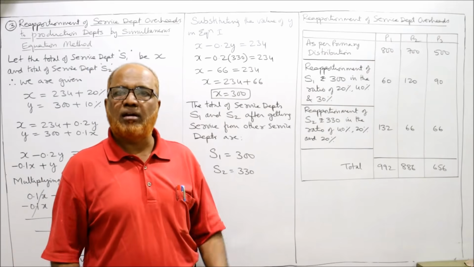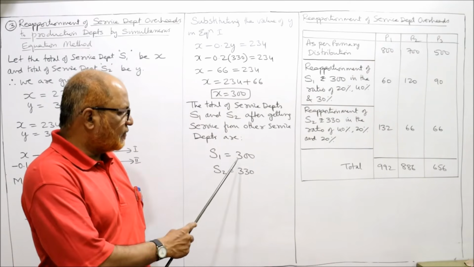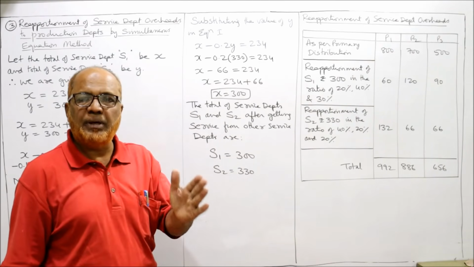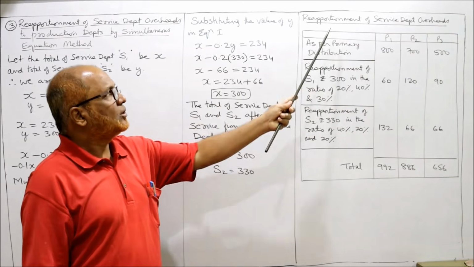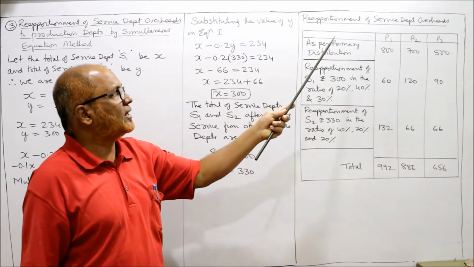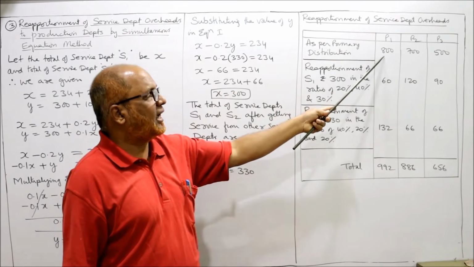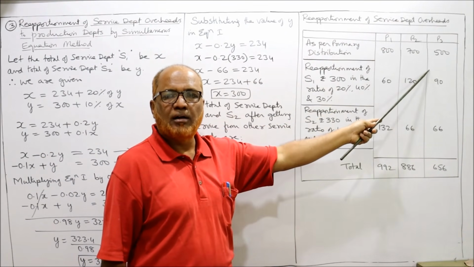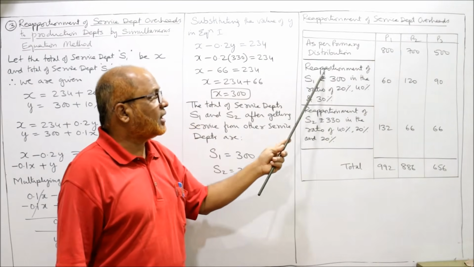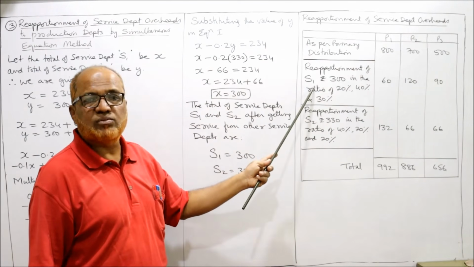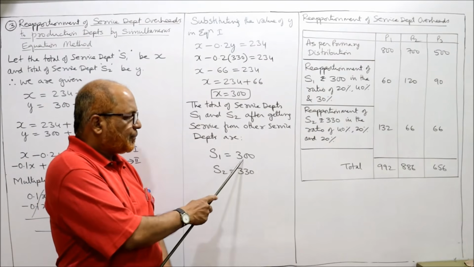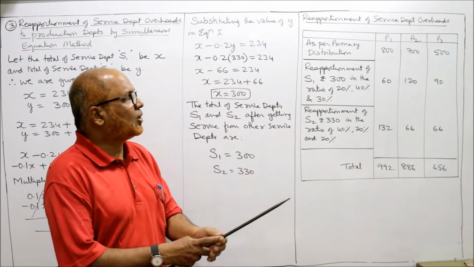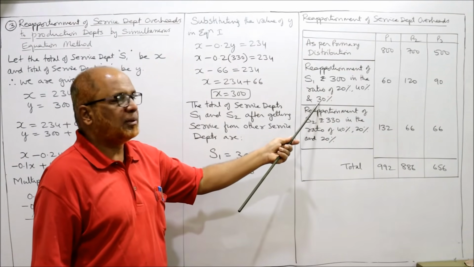Now easily we can reapportion the total of S1 and S2 between P1, P2 and P3. So reapportionment of service departments over X as per primary distribution 800, 700, 500 given in the problem. Problem में दे दिया. Total of P1, P2, P3. Now reapportionment of service department S1. What is the total of S1 here? 300. अब ये 300 को 20%, 40%, 30%.